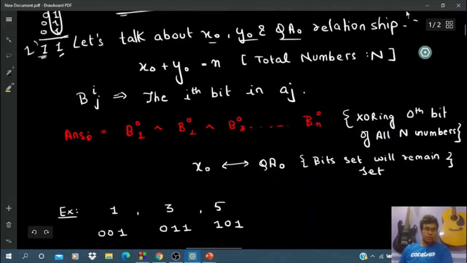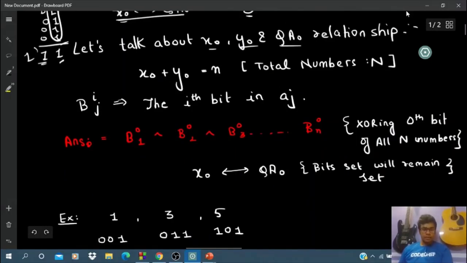So let's talk about what answer of 0 will be. Answer of 0 will be the XOR of all of these values, B1 0, B2 0, B3 0, the 0th bit of A1, the 0th bit of A2, the 0th bit of A3, and these are all bits. We're XORing all of these bits.